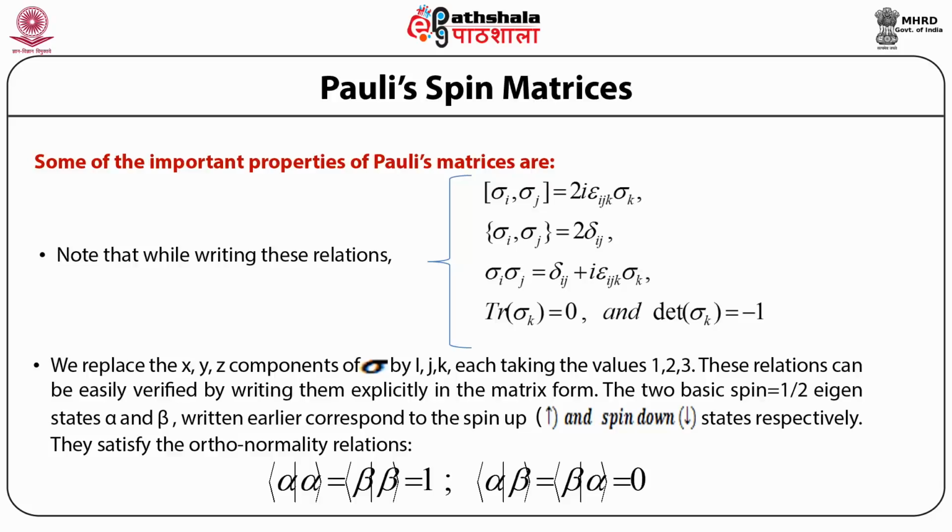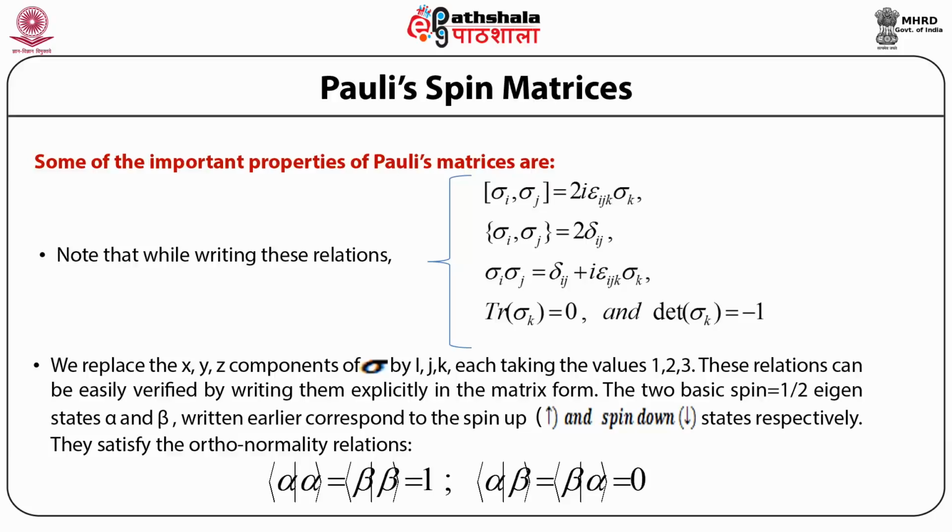And finally, sigma i times sigma j is given by delta ij plus iota times epsilon ijk sigma k, where, as we have discussed earlier, delta ij gives a value 1 if i is equal to j and a value 0 if i is not equal to j.